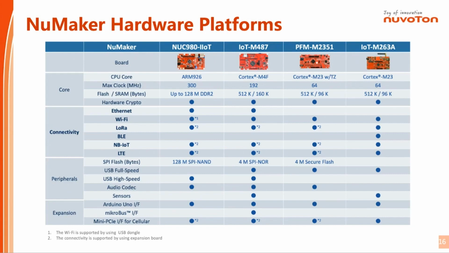Other wireless connectivity such as Wi-Fi, LoRa, LTE, NB-IoT are on board or use an expansion board. Audio codec is for sound record and play. Motion or environmental sensors are provided on some of the boards. All NuMaker series boards have an Arduino Uno compatible interface for developers to connect other components as they want.